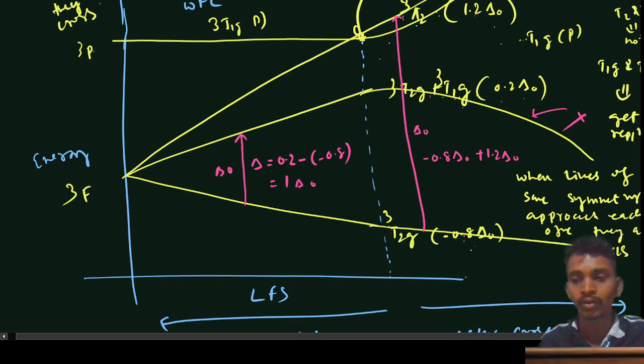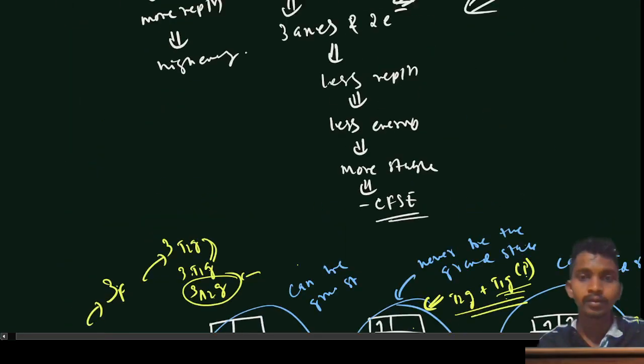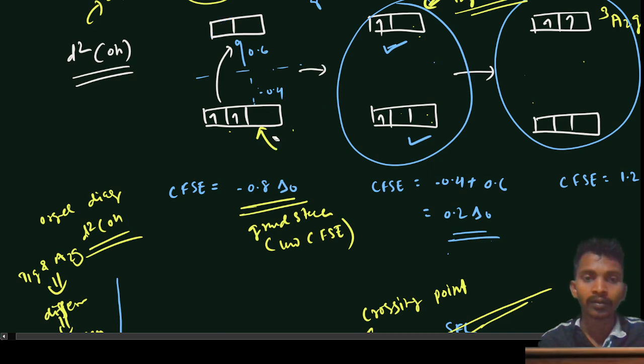We did that wrong. That is the Orgel diagram, so this will assign T2g. Let's rectify this.